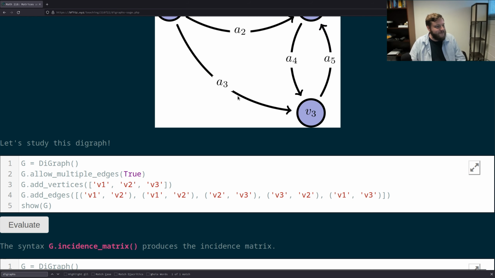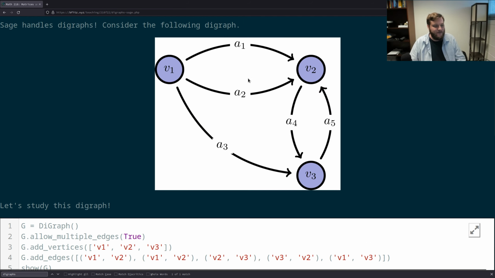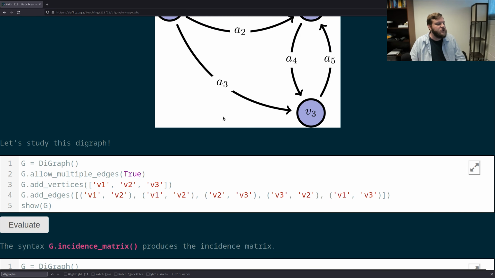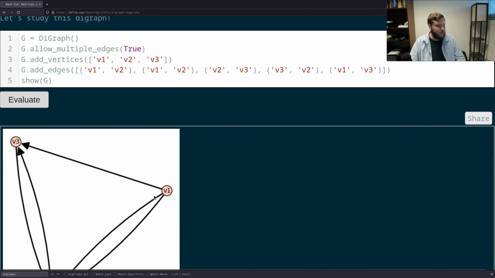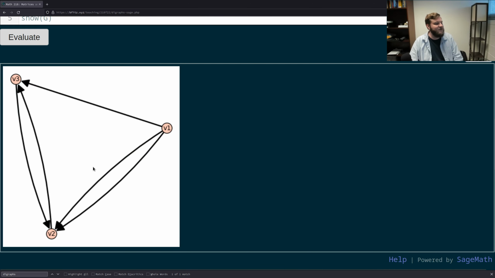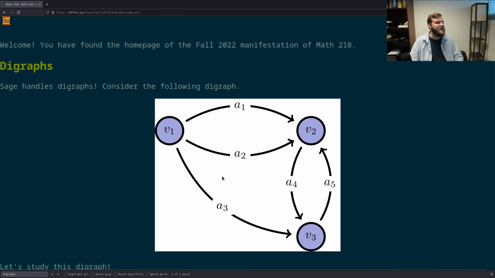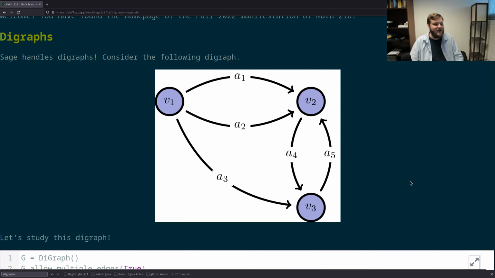Here I've reconstructed the picture of this directed graph using the syntax of Sage. If you click evaluate in my pre-written code here, you'll produce a picture of the directed graph that's embedded in Sage. Even though this picture might look different to the untrained eye, if you look closely, you'll realize that this has exactly the same structure as the original picture I have above here.